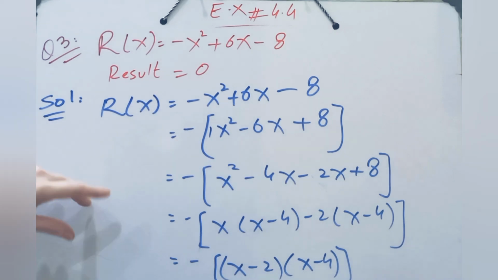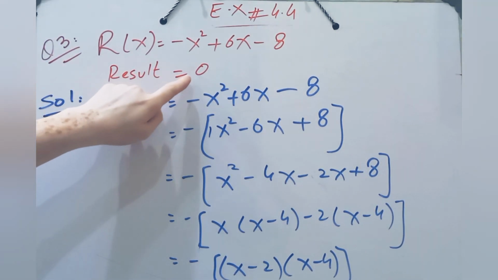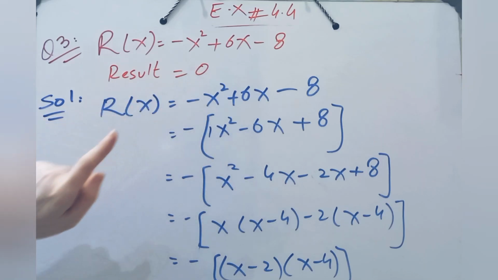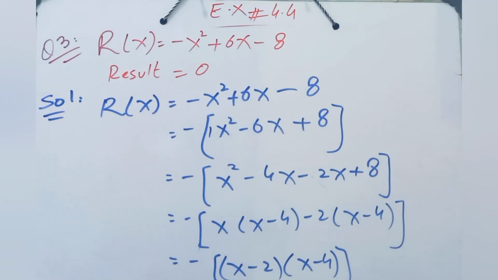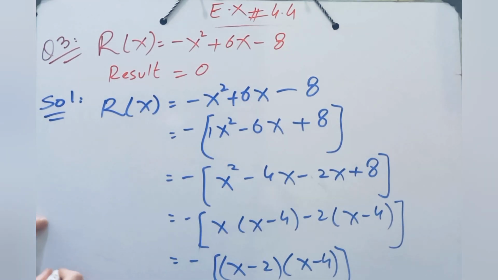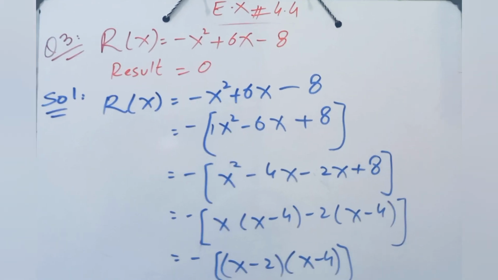Now we take a condition. This one is the condition of this result. When we write the result is equal to 0, this is the result of the polynomial. We write here Rx is equal to 0. So we write here by condition, this expression must be equal to 0.